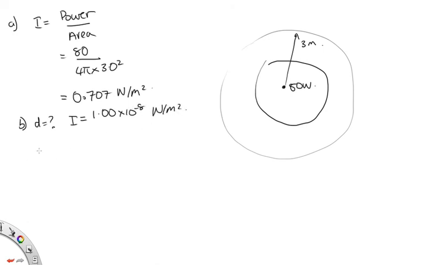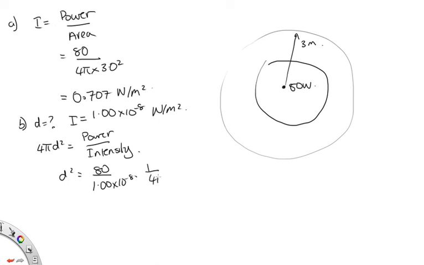So we've got that 4 pi d squared is equal to, just rearranging this, the power over the intensity. So d squared is equal to the power, which is 80, over 1.00 times 10 to the minus 8, times 1 over 4 pi.